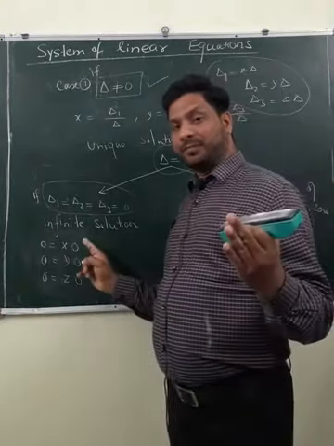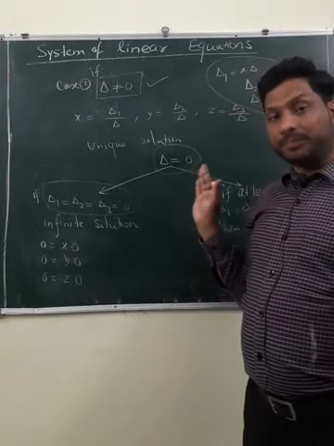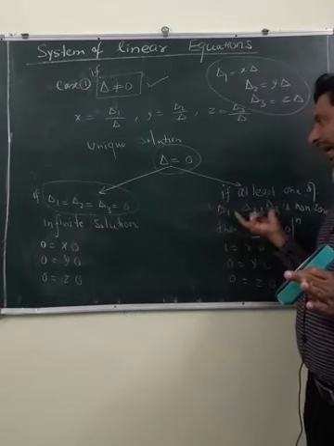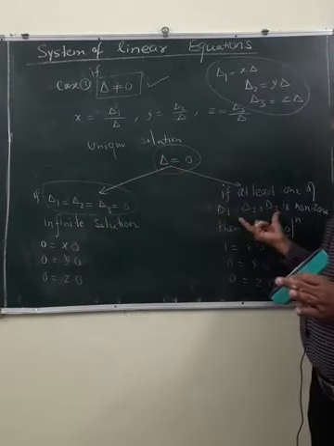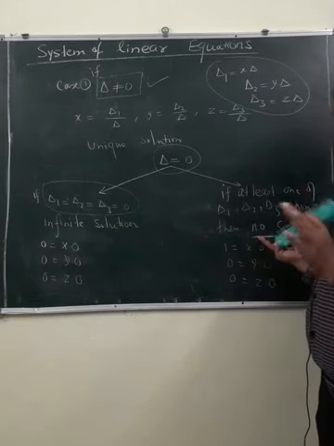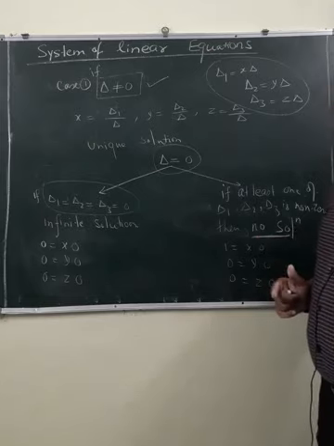I am repeating, it is necessary but not sufficient. Because if delta is 0 and one of them is non-zero, we won't have infinite solution, 100% no solution.